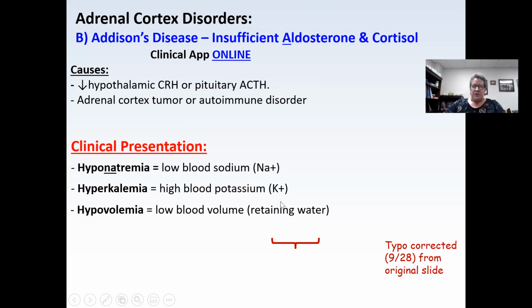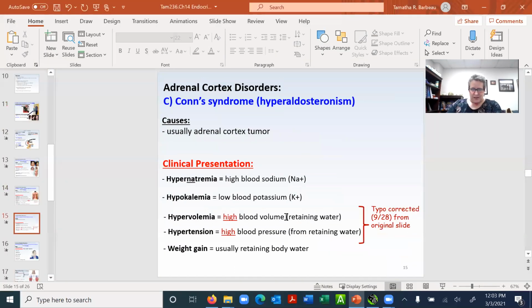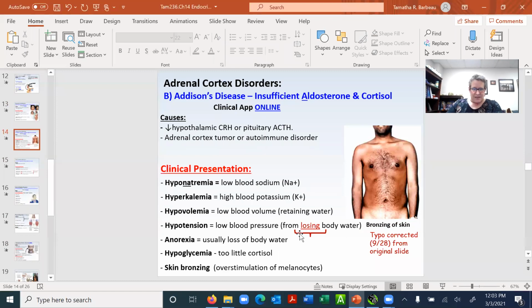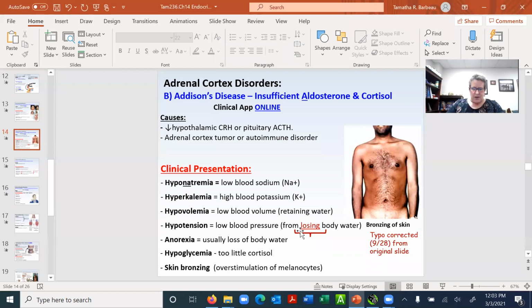Now, hypovolemia, you have low blood volume. Oh, that's a mistake. Let me fix that here. Let me go back to this one. Back. Sorry about all this. Okay, we went too far. Okay, here we go.